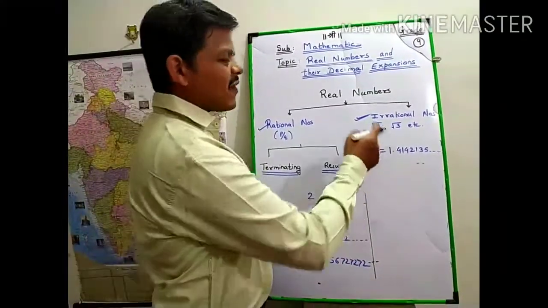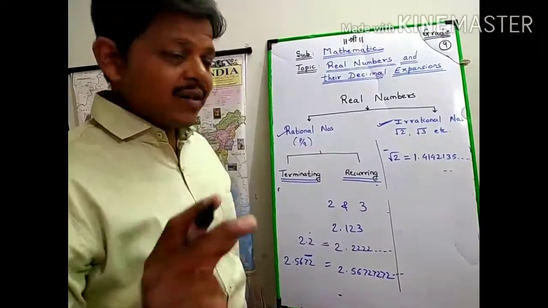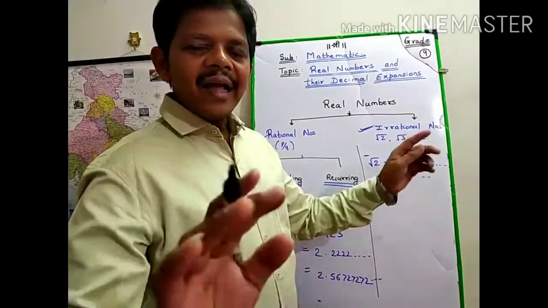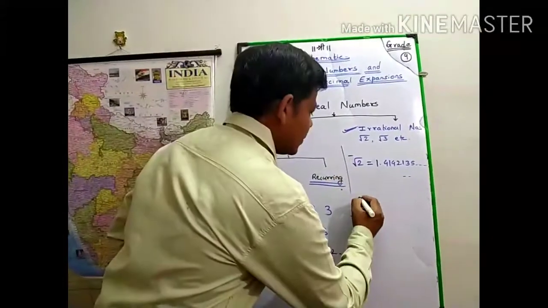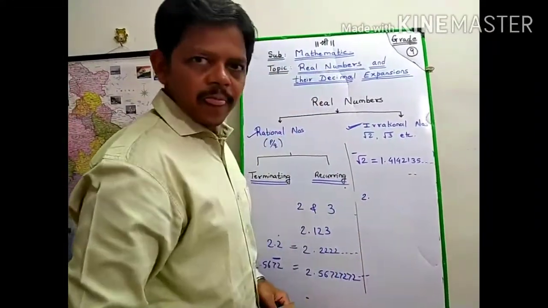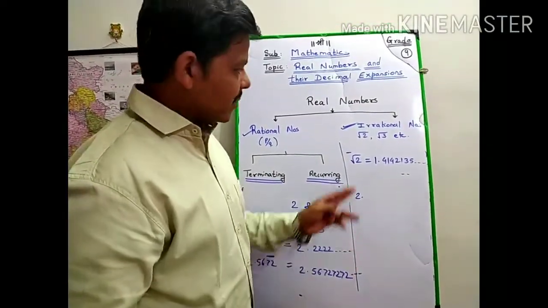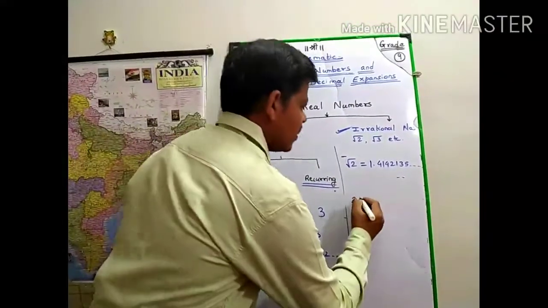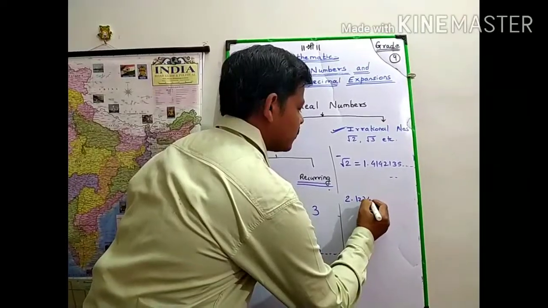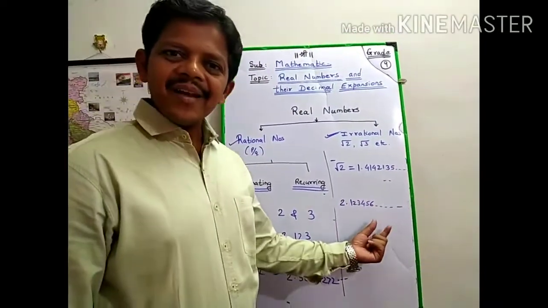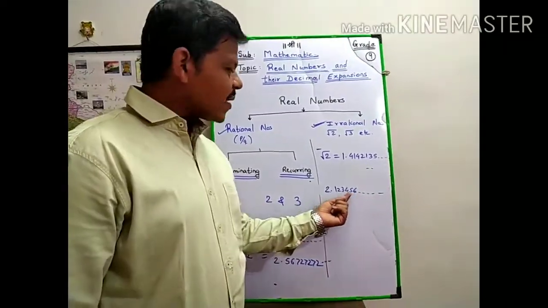Similarly, now if I want an irrational number, what is the condition? Neither terminating nor recurring. See, what do I write? 2 point, I don't want it to terminate, I don't want the expansion to recur, but it must be between 2 and 3. 1, 2, 3, 4, 5, 6 and so on. Is it terminating? No. Is anything repeating?